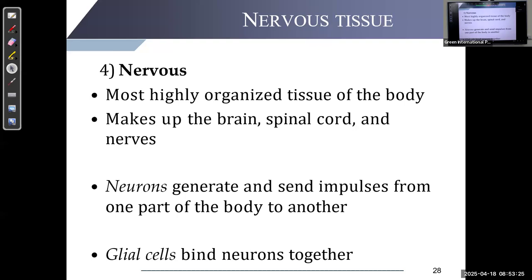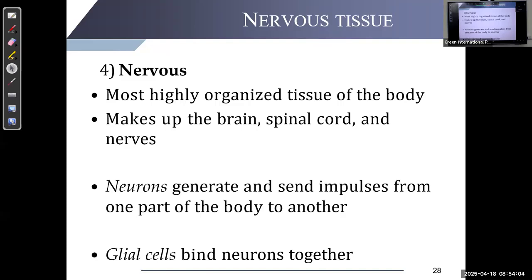What is a neuron? It gives the stimuli, or what we say, impulse. The signals. It is the point of providing signal. So neurons generate and send impulses from one part of the body to another. So this is the master behind the nerves, neurons.